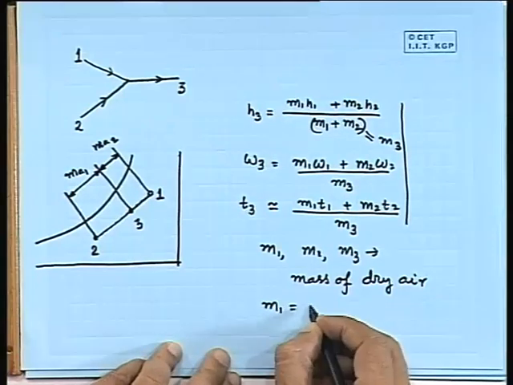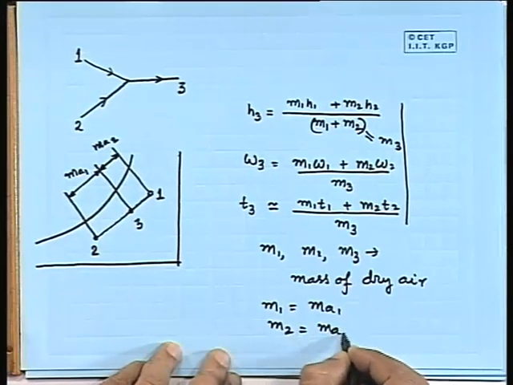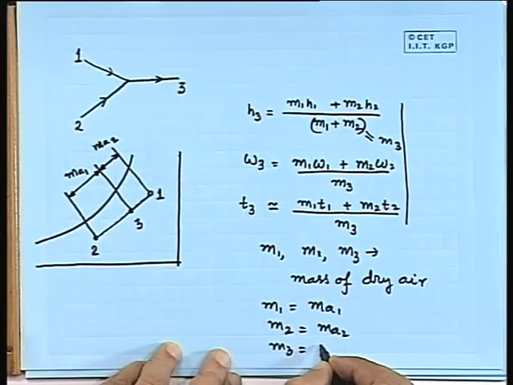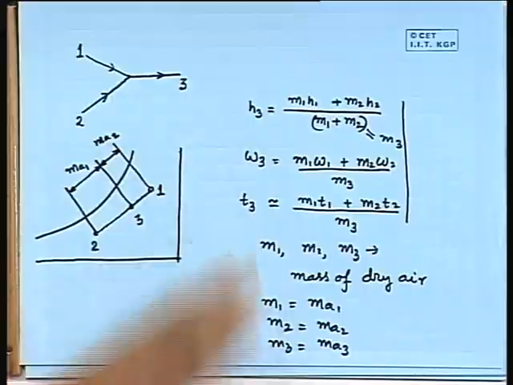Here M1 is nothing but MA1, M2 is equal to MA2 and M3 is equal to MA3. Probably I have used a different symbol earlier, probably I have used MA1. So please note that this is nothing but the mass of the dry air, because a number of times I have told that the analysis is done based on the mass of dry air, not the total mass of the sample. All right.